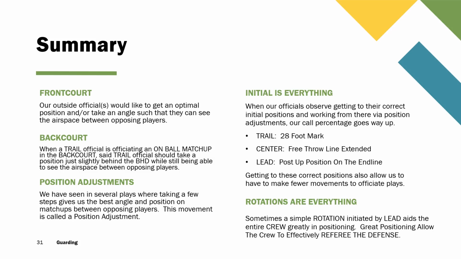And in a 2 or 3 person crew, the initial position for our lead is the post-up position on the end line. So if you have the 3-foot mark on the end line marked on your court, you're going to be just outside of that line. Getting to these correct positions also allows us to make fewer movements to officiate plays. We can work smarter as opposed to harder.